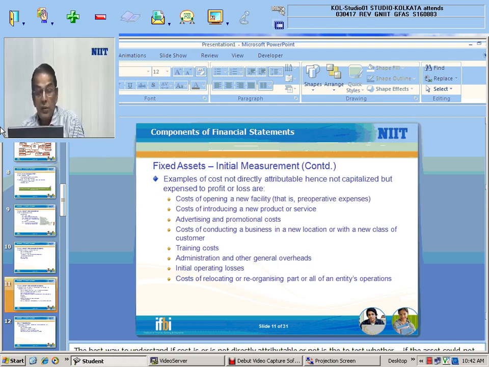The best way to understand whether a cost is directly attributable or not is to test whether the asset could have come into existence and been put into use without the given cost being incurred.